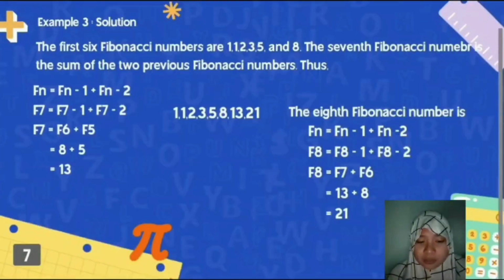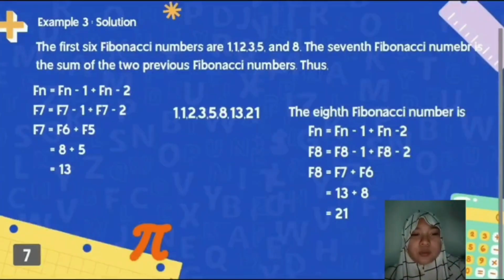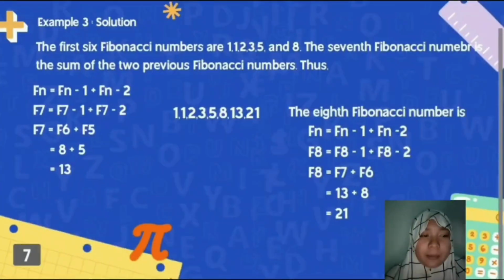Thus, we have to first know the Fibonacci formula. Okay, so we know the Fibonacci formula. Formula is Fn equals Fn minus 1 plus Fn minus 2. So, since ang hanapin natin is Fibonacci number 7, yun yung maging given natin sa n.